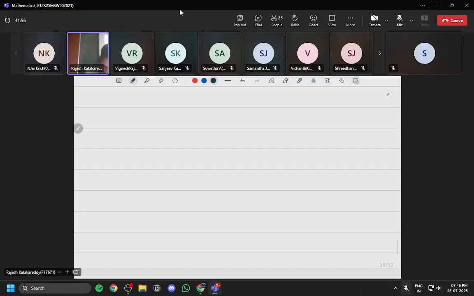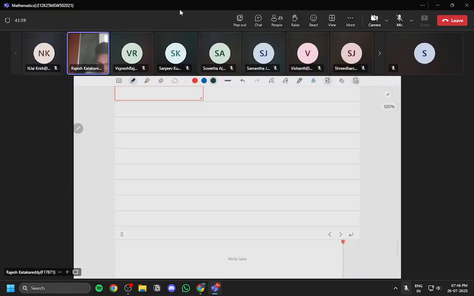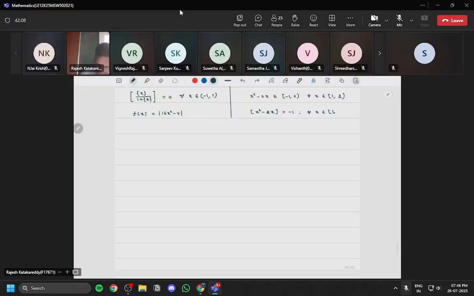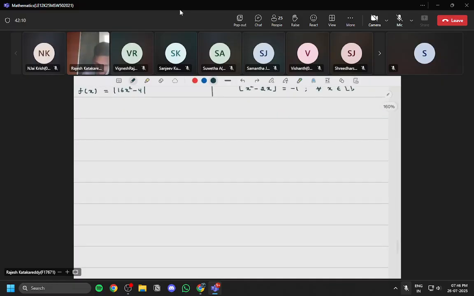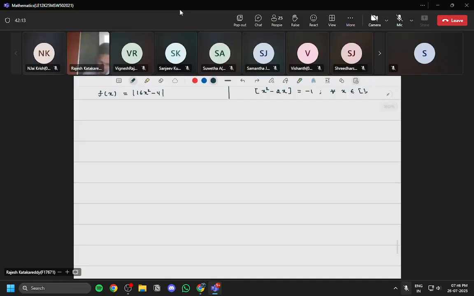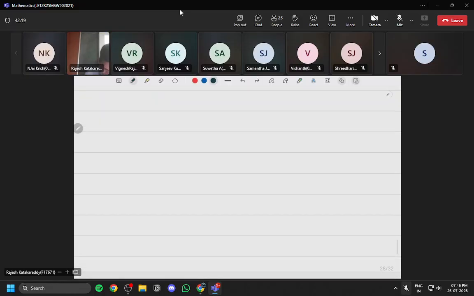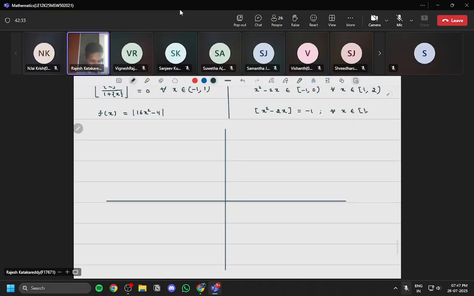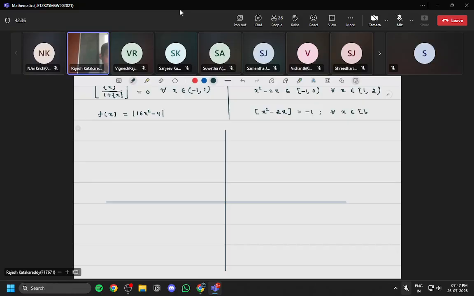Maybe for the graph, let us use this space. Let us draw in between −1 and +1.